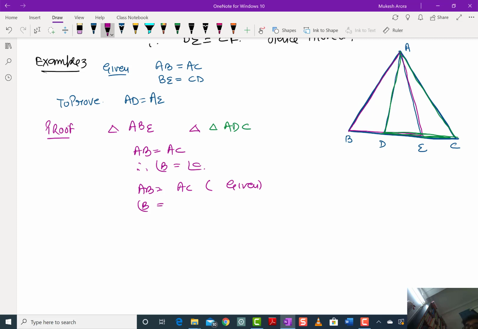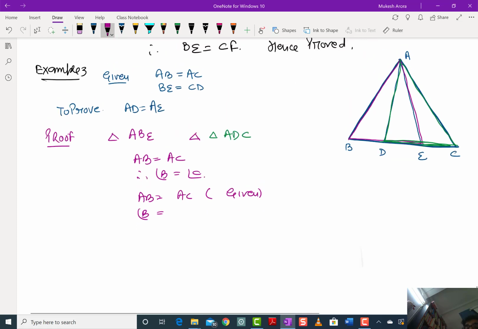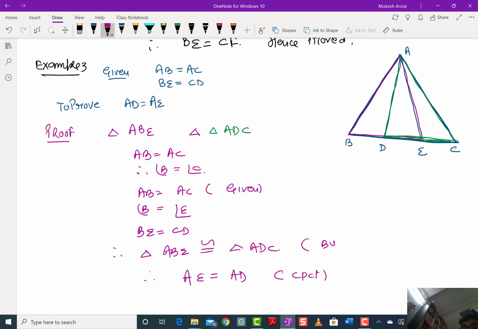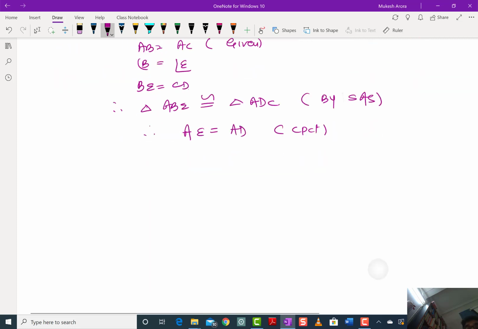Angle B is equal to angle C, right? And BE is equal to CD. Therefore, triangle ABE is congruent to triangle ADC. When it is congruent, therefore AE is equal to AD, CPCT. This is by SAS.